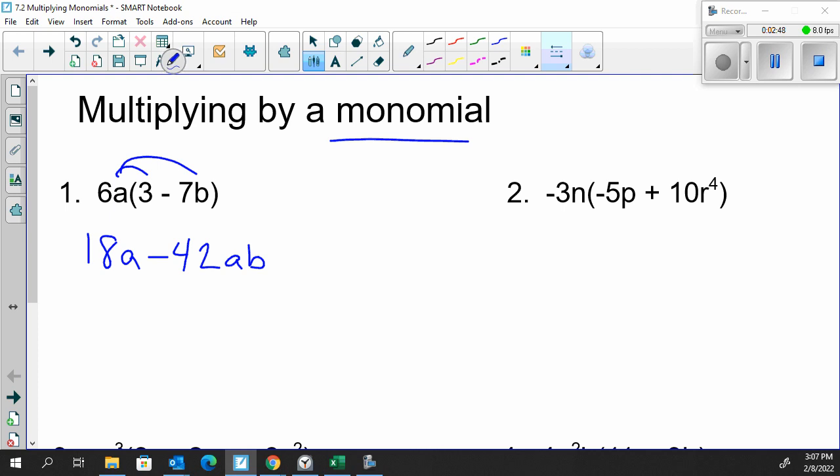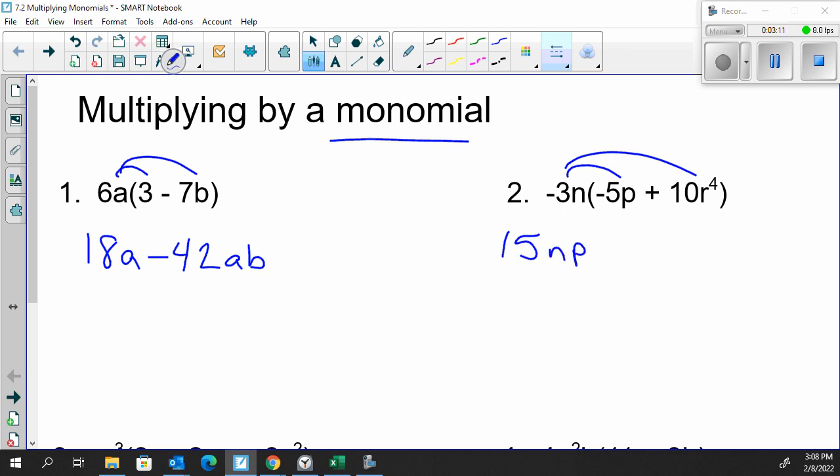Again, I got to distribute. So I'm going to multiply this by both of these things. And again, just take it one piece at a time. Think numbers, and then deal with the variables. So I got to do negative 3 times negative 5. What's that? Positive 15. And then n times p, np. Why is it np?